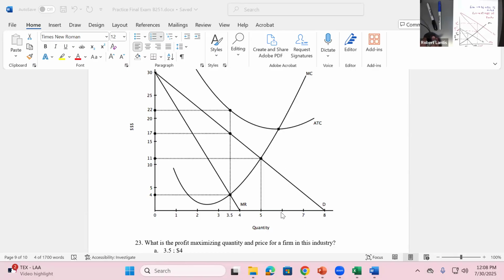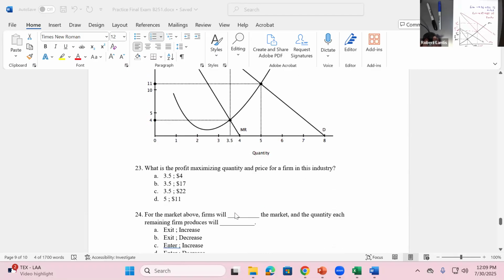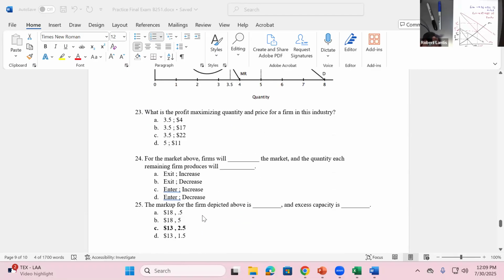It's at a quantity of 6. So our excess capacity is the difference between our current quantity and the quantity that would put us at the minimum point of the average total cost curve. So here our excess capacity would be 6 minus 3.5, or 2.5.